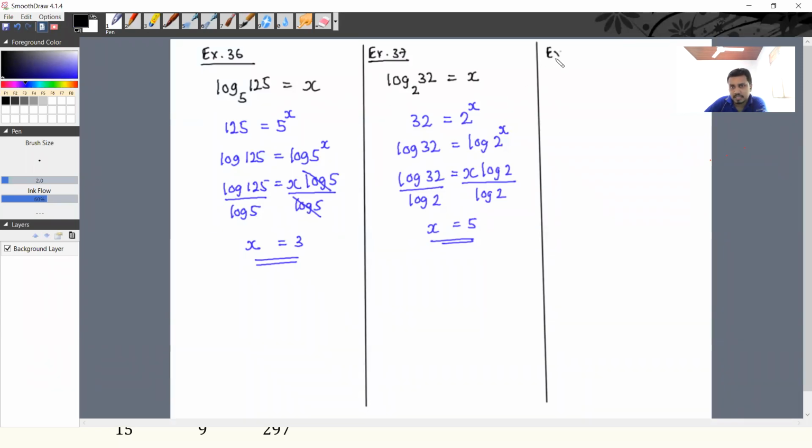Example 38. Log of 1 to the base 4 equals x. What should be the value?